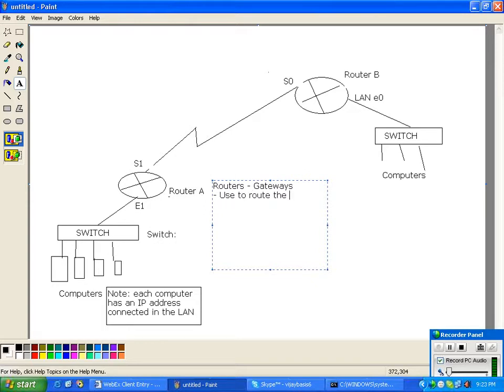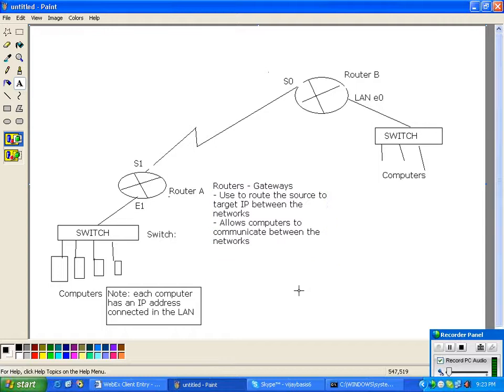Routers are used to route from source IP to target IP between the networks. It allows computers to communicate between the networks.